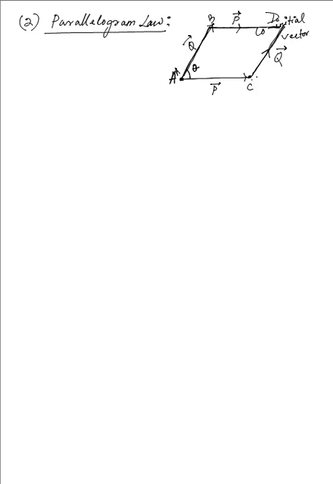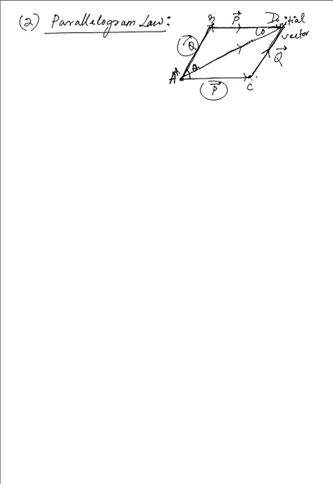The original vectors were obviously AC, that is the P vector, and AB, that is the Q vector, but the equal vectors have been considered, and that is why this is a parallelogram where the opposite sides are parallel and equal in length. So as per this law, we have the resultant represented by one of these diagonals.